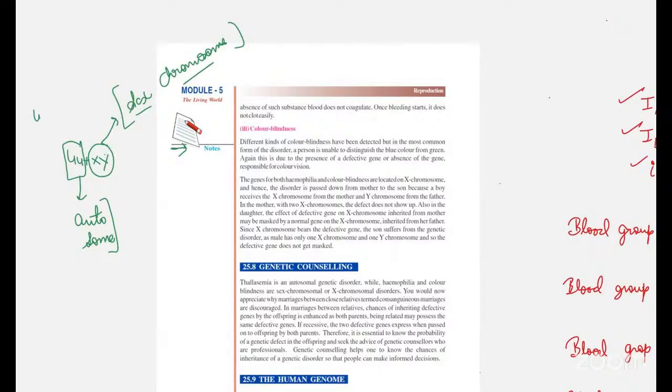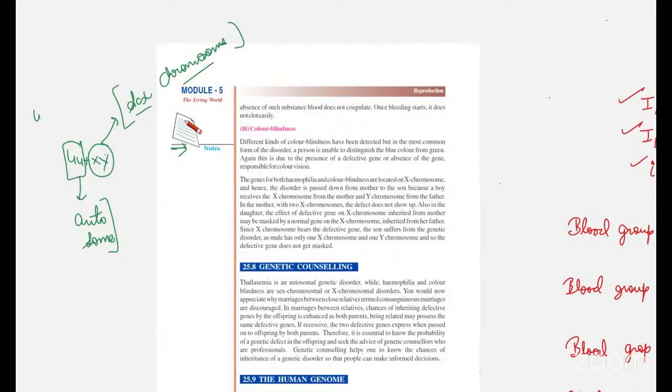So it is present on the X chromosome. In color blindness, the male has more probability of being color blind. Because if a mother has an X chromosome, a daughter will have X and X. If one X chromosome doesn't have the defect, then there won't be any problem, because another X chromosome is present from the father.